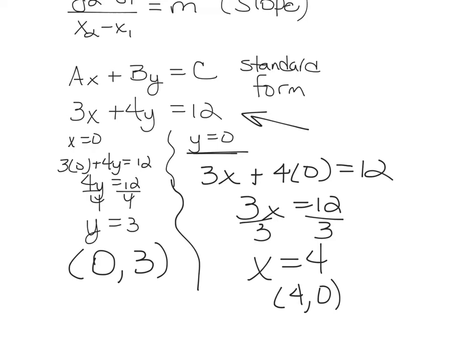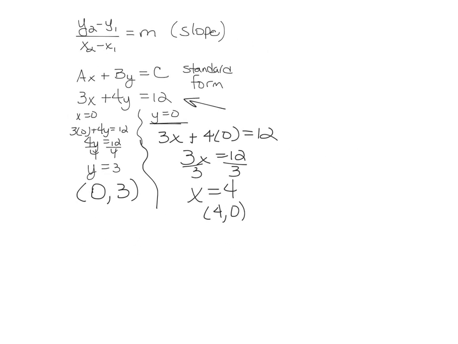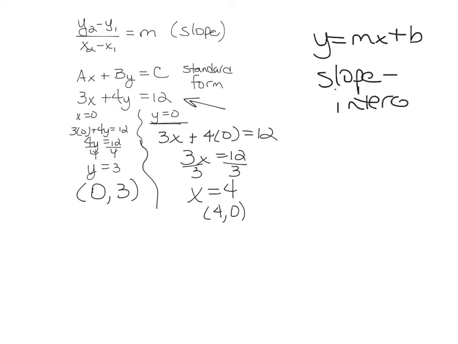This is the standard form, and when we learned this, we used it to find the x and y-intercept. The other form we learned before Christmas was y equals mx plus b, and that was called slope-intercept form.